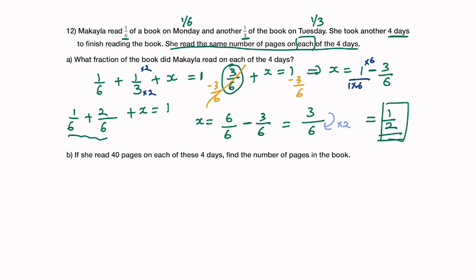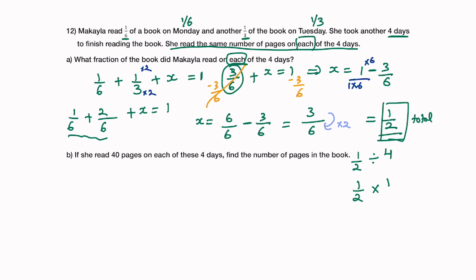On those 4 days, it's half a book that she is reading. What fraction of the book did Makalia read on each of the 4 days? Do we need the total or do we need each? We need each of the 4 days, right? So this further needs to be divided because this is the total that she is reading on 4 days. So we say half divided by, how many days? 4 days. So this becomes half multiplied, right?